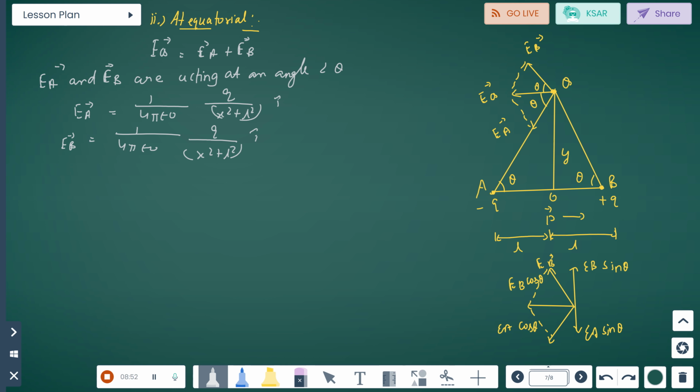Therefore, EA sin theta and EB sin theta are opposite to each other, hence cancel out.